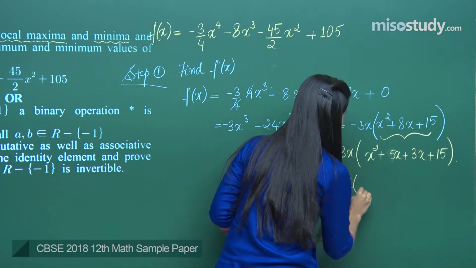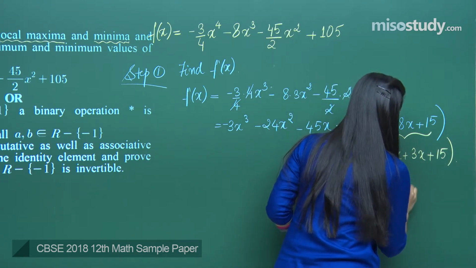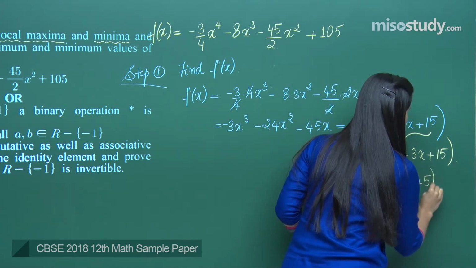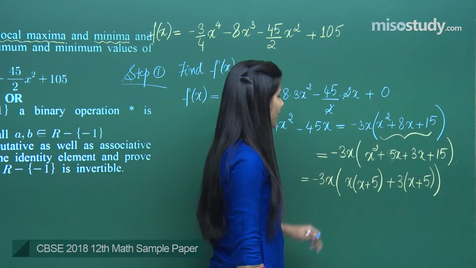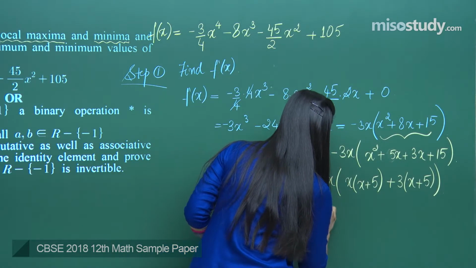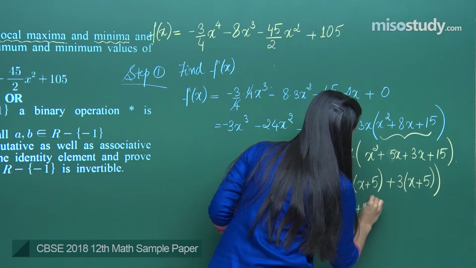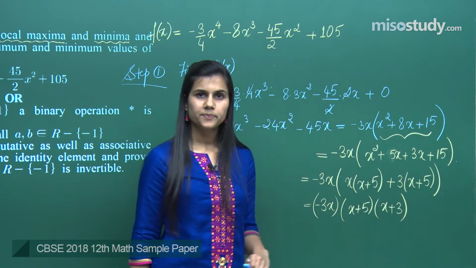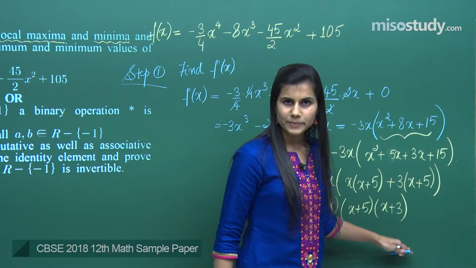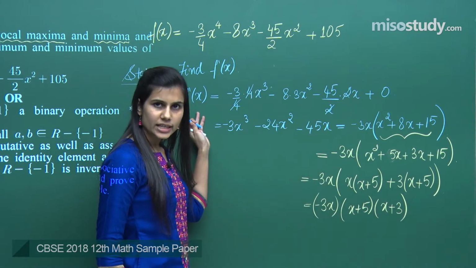So you have x plus 5 plus 3 into x plus 5, isn't it? Once you have obtained this, you have the factors as these. This is the most simplified form of f dash x.